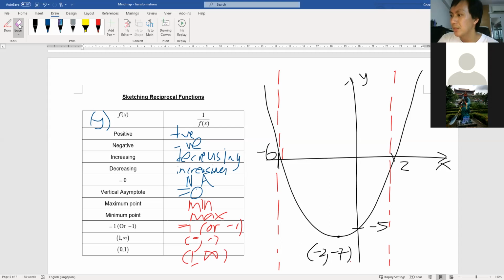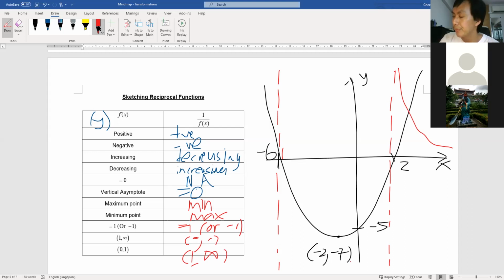Now it becomes decreasing, but it's still positive. So the reciprocal graph must be something that is positive and decreasing. So the only logical thing must be this way then. Hovering around above the x-axis, it cannot reach the x-axis because it cannot be negative or 0.